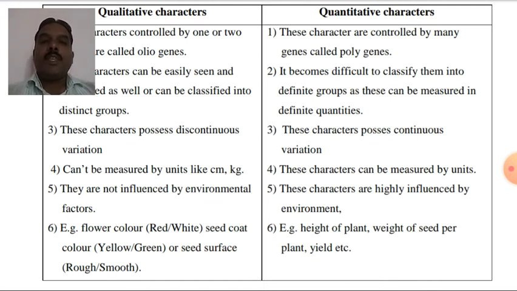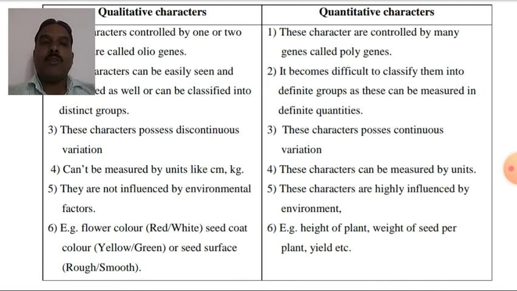Then, environmental effect is not observed in qualitative characters. But in quantitative characters, environmental effect is observed, because of adverse environmental conditions, the weight of seed or yield of the crop is adversely affected. And the last point is the examples.